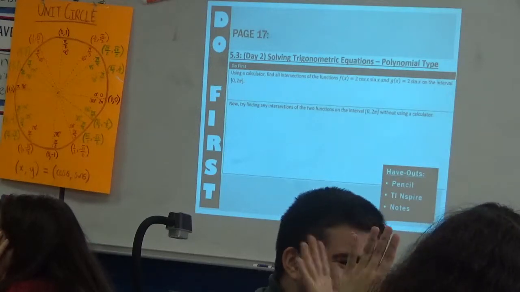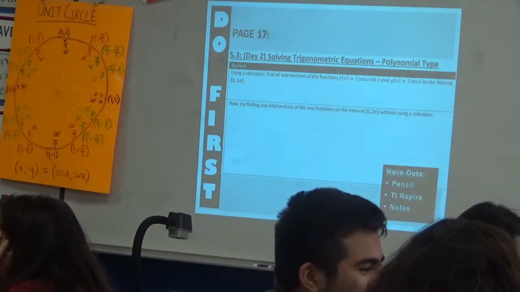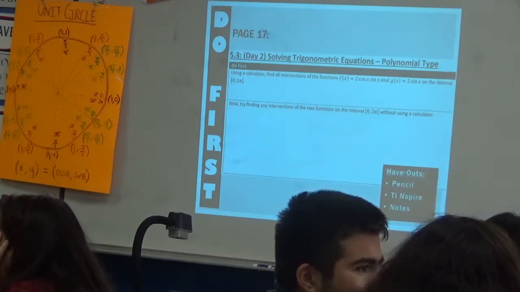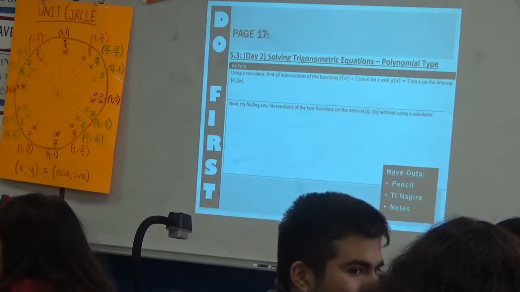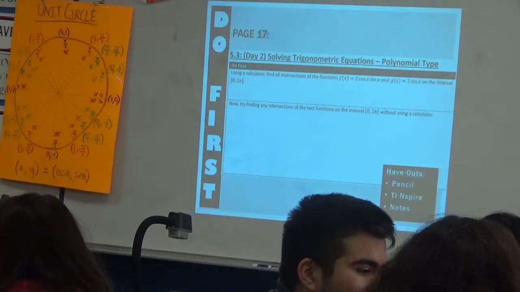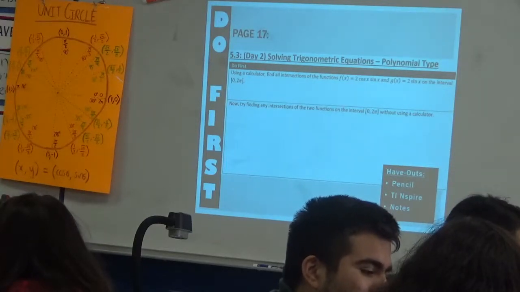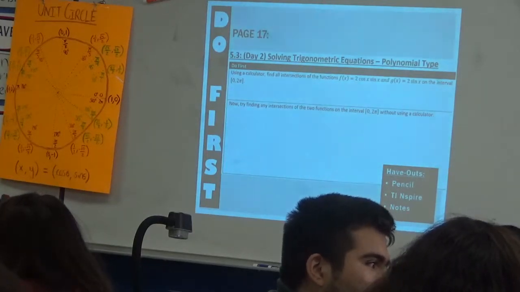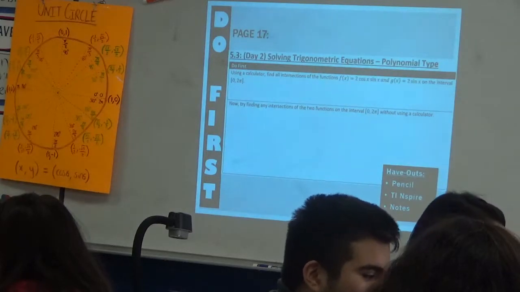So then if you go here and you only want to see between 0 and 2 pi, instead of saying 0 here, I want to say -2, because I want to see what's happening at 0. And then 2 pi, let's think about how big that is.